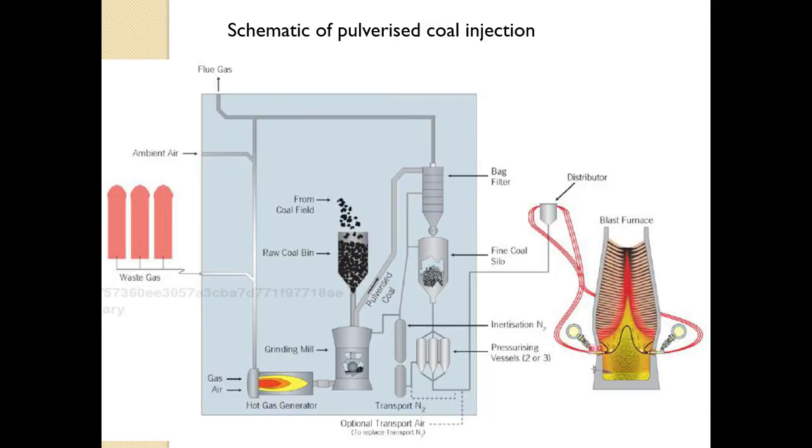In a similar way, if the right amount is not being fed from each tuyere, then the chemistry and aerodynamics of the blast furnace will change. So, this is a very critical part of the pulverized coal injection system, that it must deliver to all the tuyeres in the right amount.